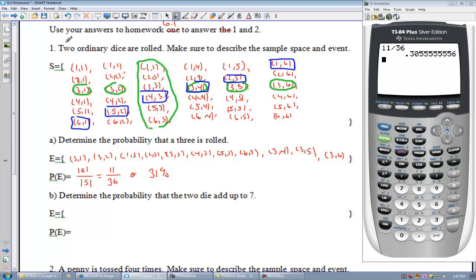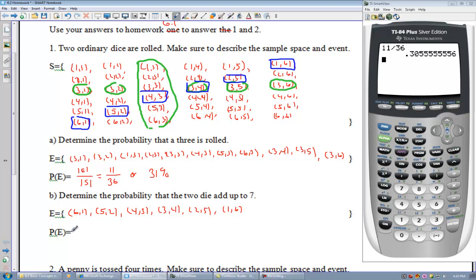And so I can list my event space, and I just copy down those in blue. So I have (6, 1), (5, 2), (4, 3), (3, 4), (2, 5), and then the last one, (1, 6).